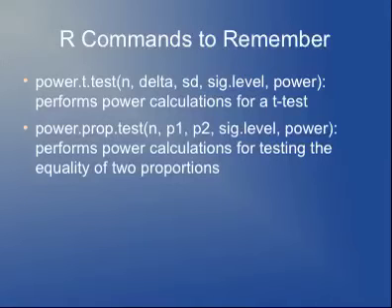Okay, the question was why you get better power for detecting the difference between 0.1 and 0.2 than you would from 0.2 to 0.3. And I'm trying to think of an intuitive answer to that.